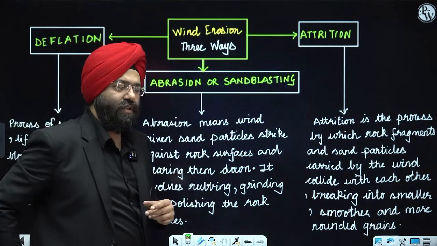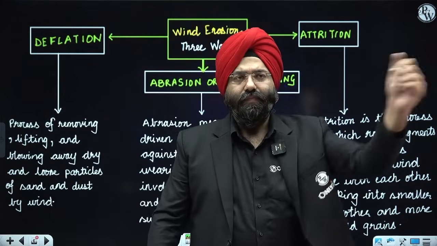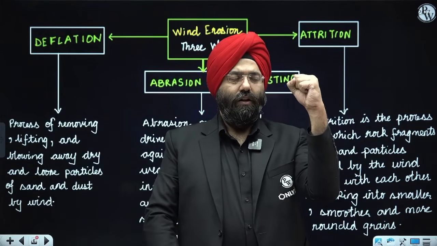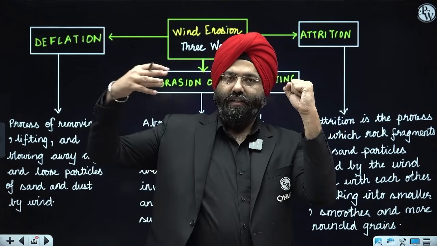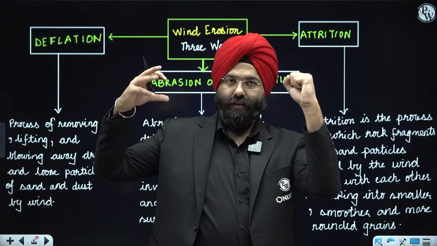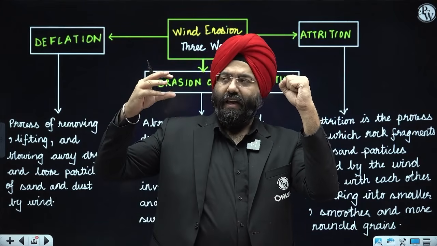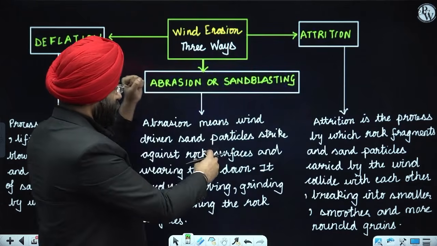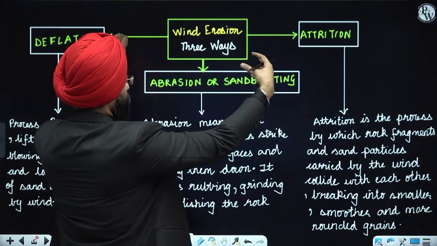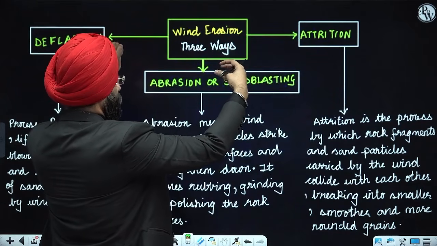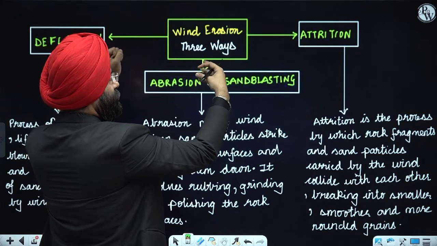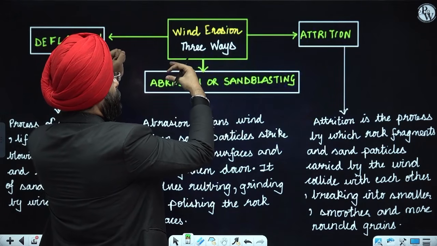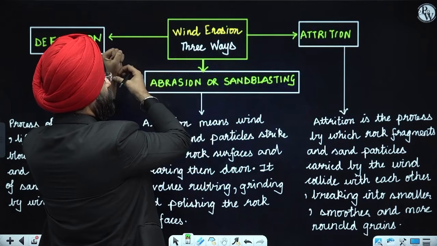Now let us take an example. Suppose this is a small rock structure present in a desert, and this is the wind that is coming. Now the wind has picked up certain sand particles, and this wind carrying sand particles comes and strikes here.